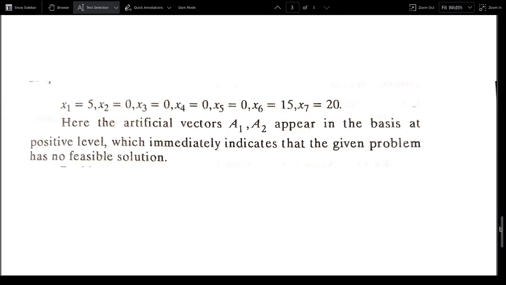In your exam, sometimes it is mentioned to show this, but here it is not mentioned. This is the problem of no feasible solution, right? So if a problem is given, solve the following linear programming problem, then after this you will write that this problem has no feasible solution.